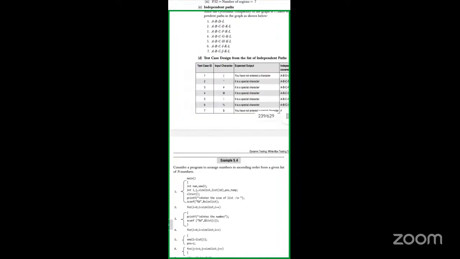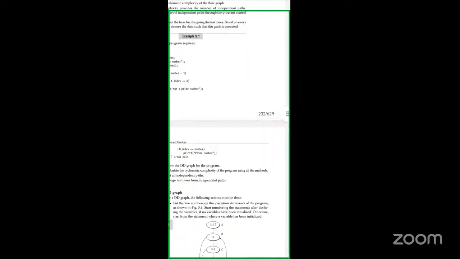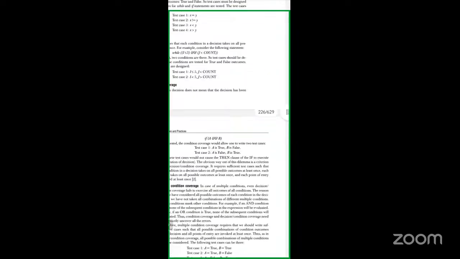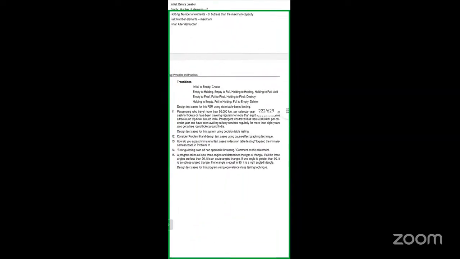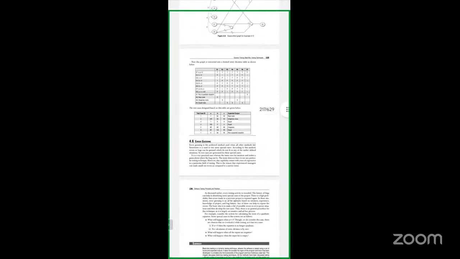So this part is clear, the black box testing part is clear. Yes, sir. You need to once again cross check the problems and their solutions. That's it. Problems are already given in the textbook and solved problems are also available.